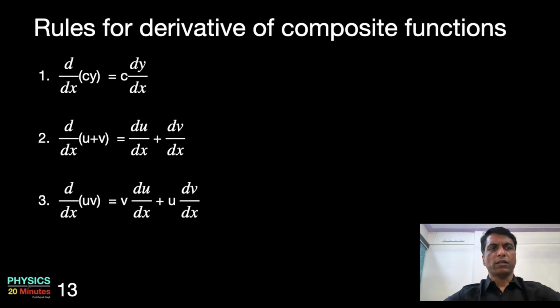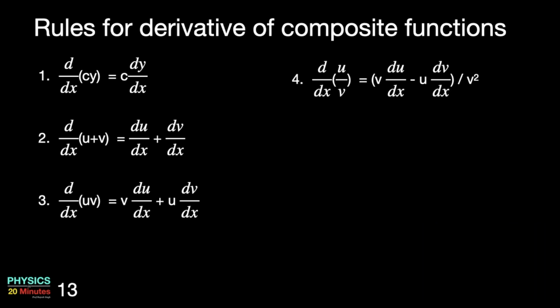Product rule, d by dx of u into v is v into du by dx plus u into dv by dx. Division, d by dx of u by v is equal to v into du by dx minus u into dv by dx whole divided by v square. And finally the chain rule, if y is a function of u and u is a function of x, then dy by dx is dy by du into du by dx.